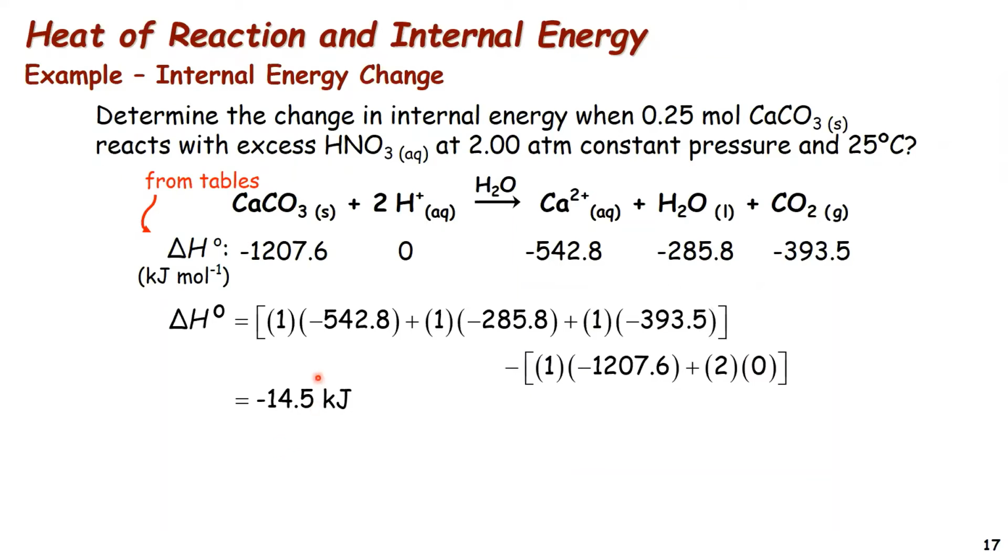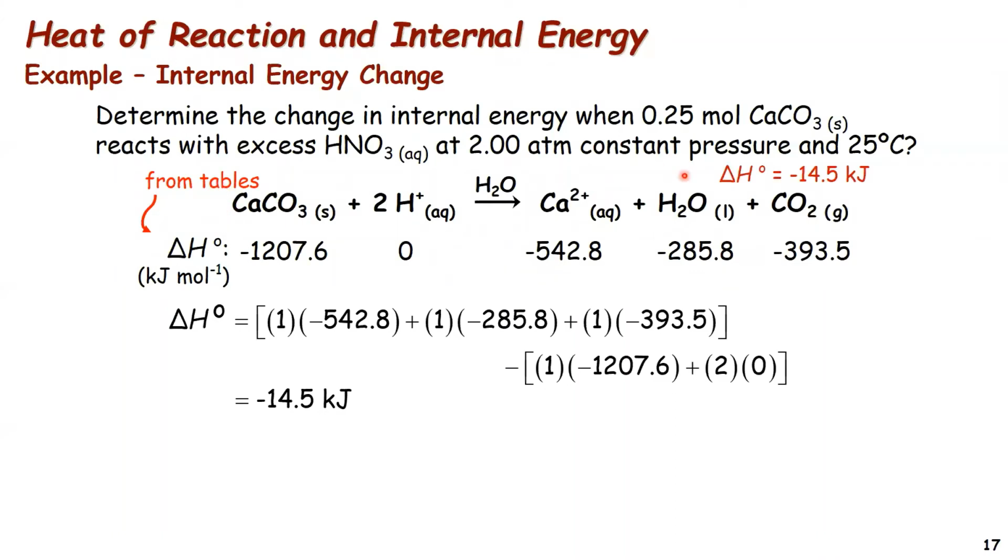Keep in mind, if you're following sig figs, you have mixed operations, but in this case, since we're multiplying everything by 1, each one is 1 digit past the decimal place, so our answer will be 1 digit past the decimal place. Now, this is for 1 mole of calcium carbonate, right?